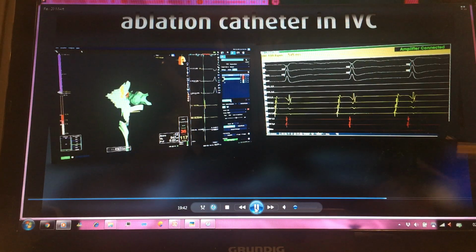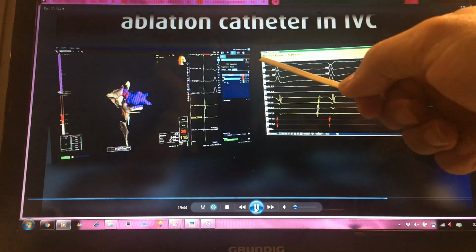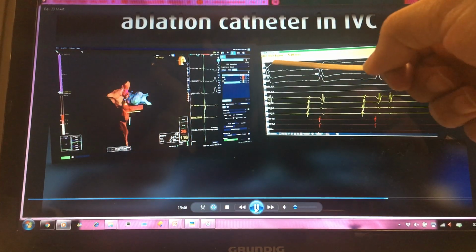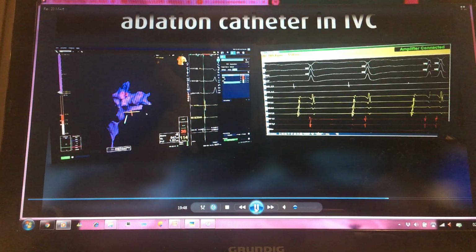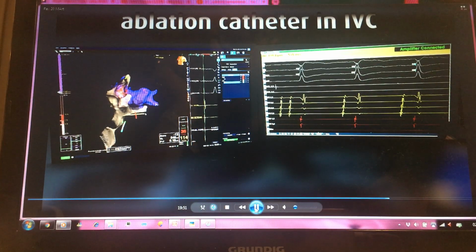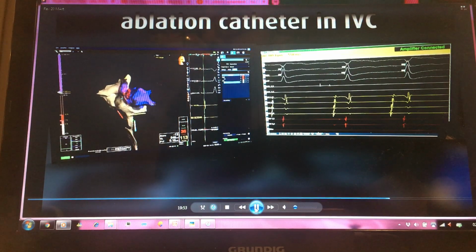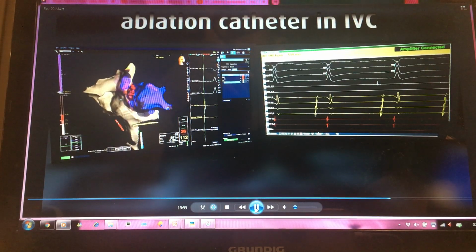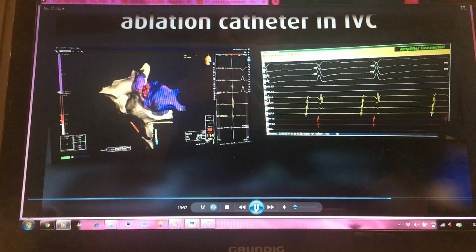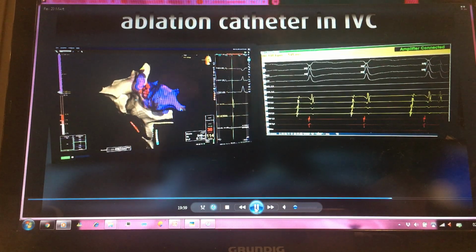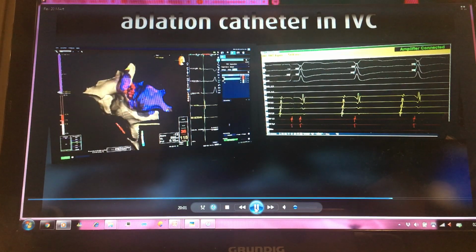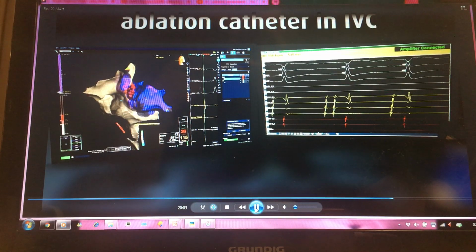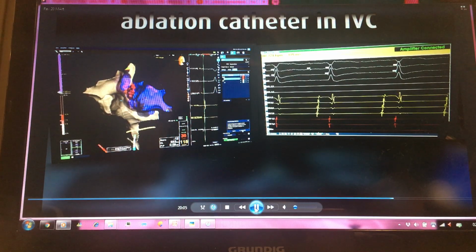We finished our ablation procedure. Heart rate is 110 or 112 BPM after ablation. Now we will wait 10 minutes and check whether there is any decrease in heart rate.